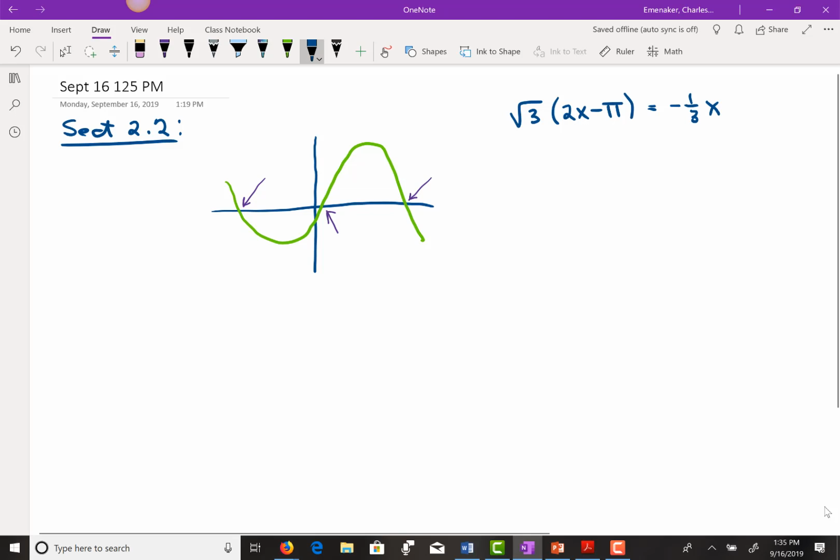Well, this can be rewritten as a single function, square root of 3 times 2x minus pi plus 1/3 x equals 0. There's our beloved equals 0 again, which would mean that if you could graph this thing and find where it intersects the x-axis, you'd be in good shape. Because where it intersects the x-axis, those x values are the values that will work in that particular function.